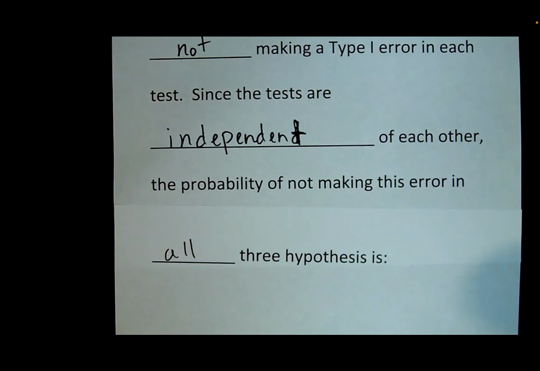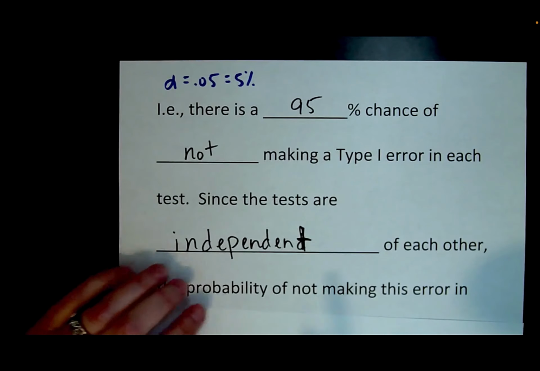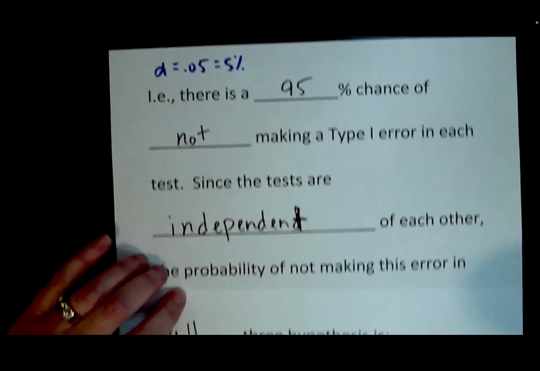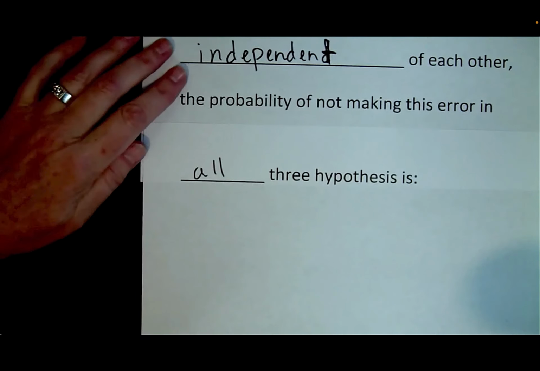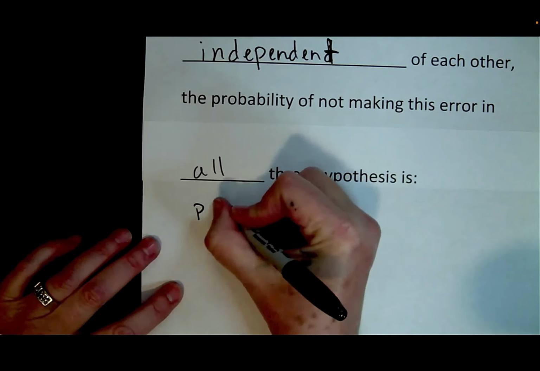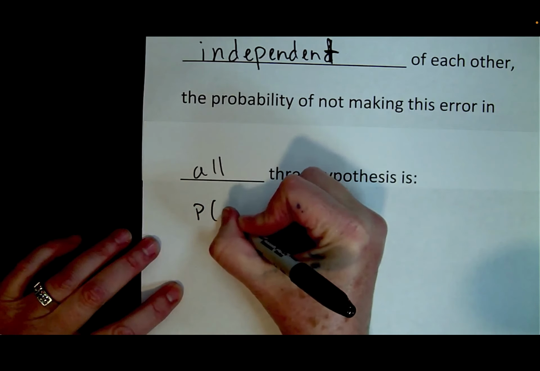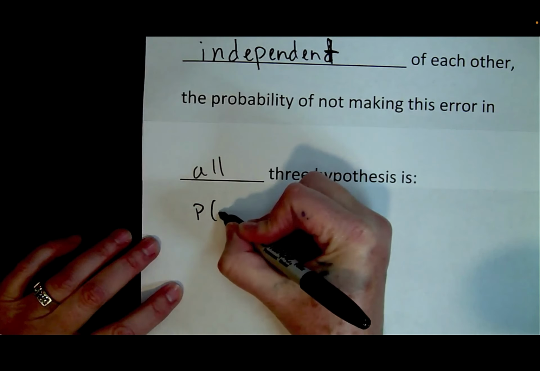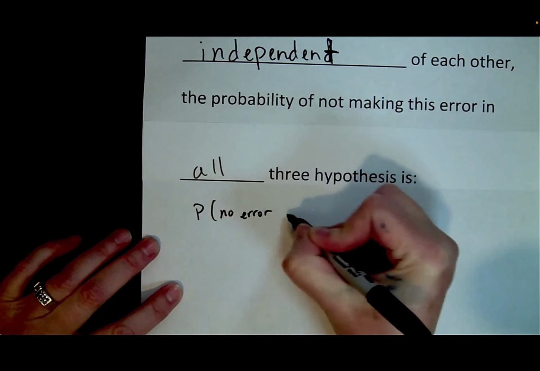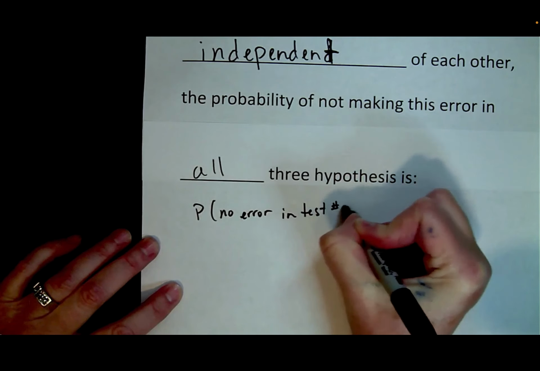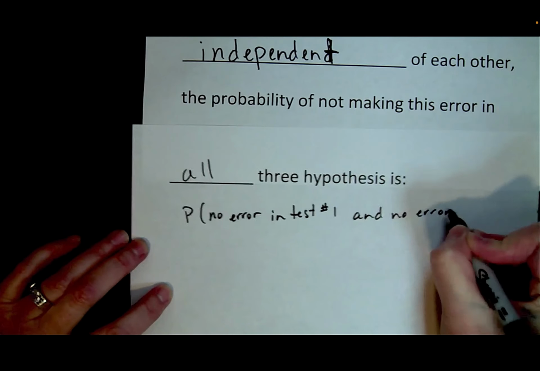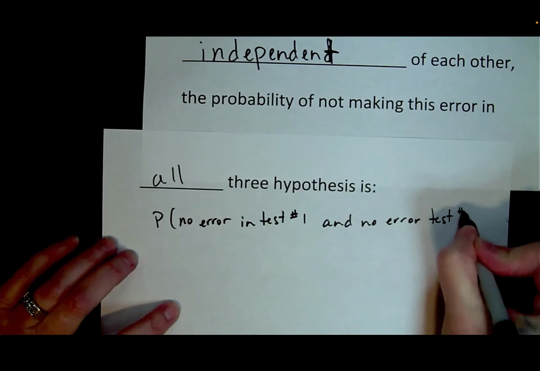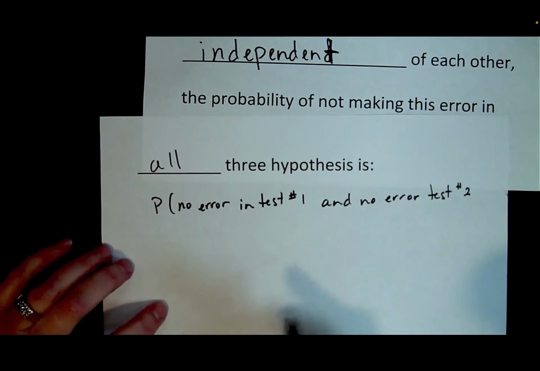Okay, so back to our hypothesis tests. We've said that there is a 95% chance of not making a type 1 error in each. So if I do 3 tests, the probability of not making the error 3 times is, let's see, how do I want to say this? To get all 3 tests right, to have them all come out right, I have to make no error in each of them.